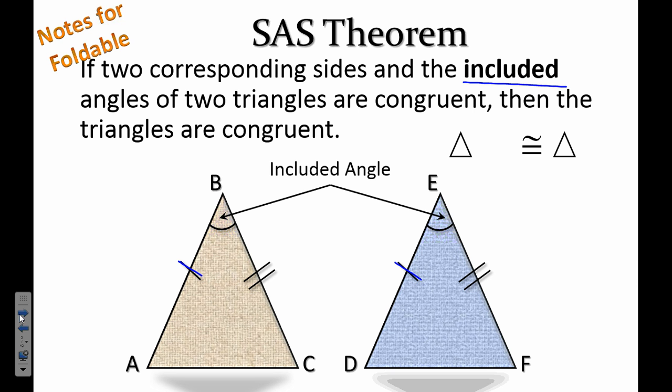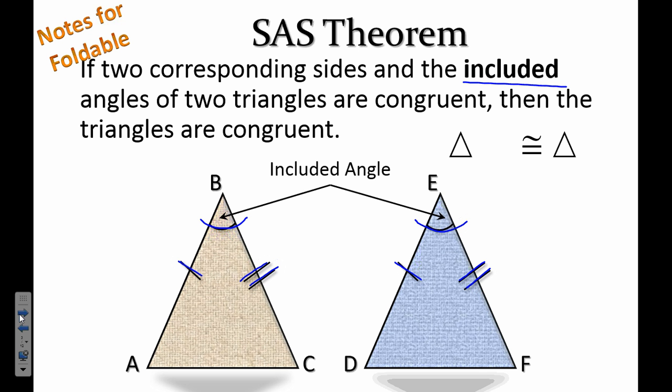I have another side that's congruent to a second side of a second triangle. Okay? And then I have an angle that is congruent to an angle. And that angle is the included angle. It is between those 2 sides.